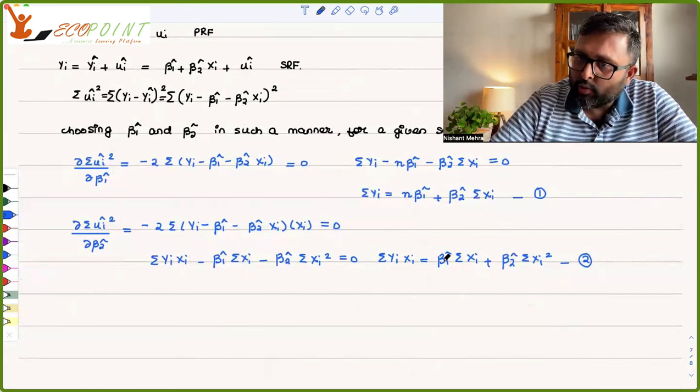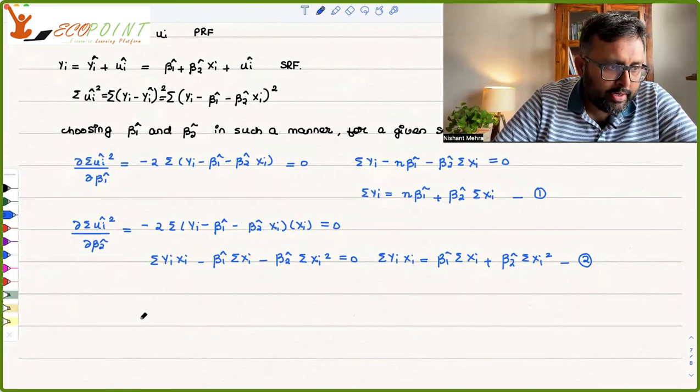So I can write these two equations in matrix form, right?